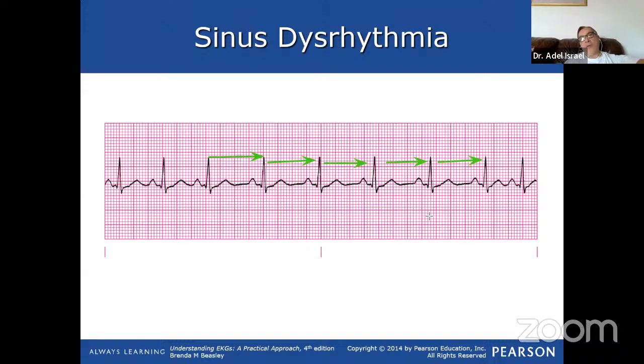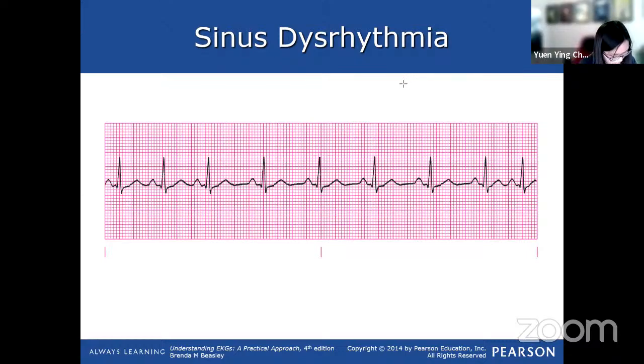So all these green arrows represent equal RR interval. But if we look at the variation, we noted that here it is not the same time. Here, it is not the same time, like the green. Also here, like the green. So we noted that there is a variation between RR, and according to this, Jennifer considered this irregular, which is very correct. Okay, keep going.